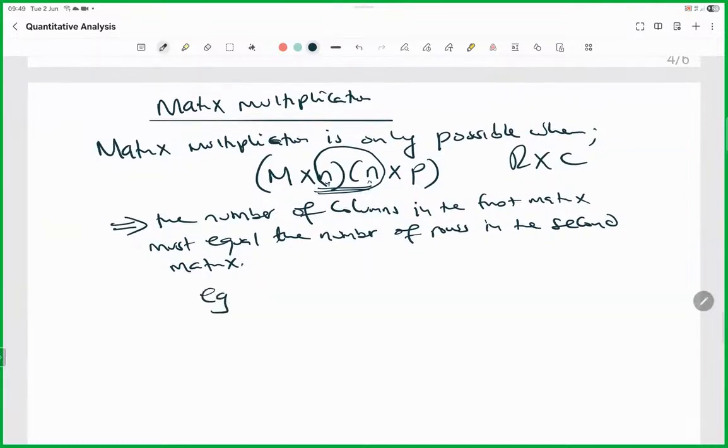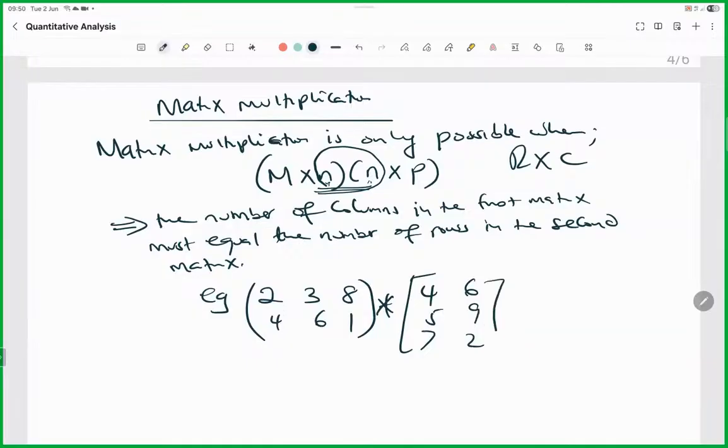See, you are given 2, 3, 8, 4, 6, 1. We're told to multiply this with 4, 5, 7, 6, 9. So the first thing you're supposed to do is to write the orders of these two matrices.